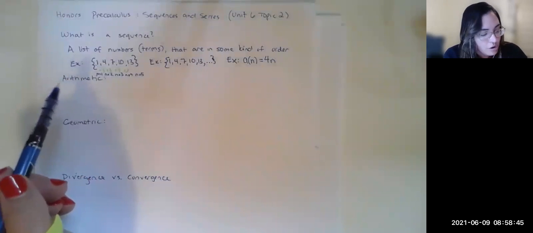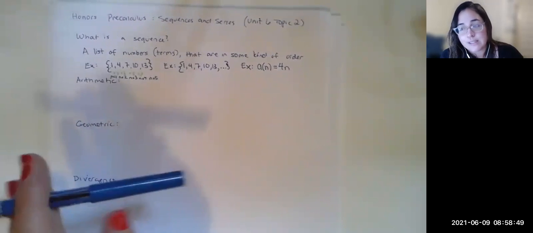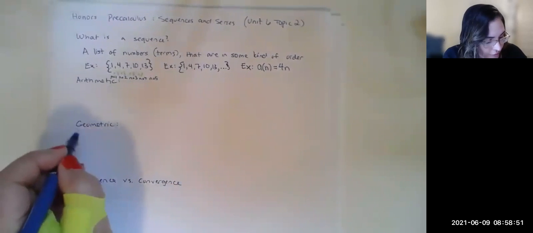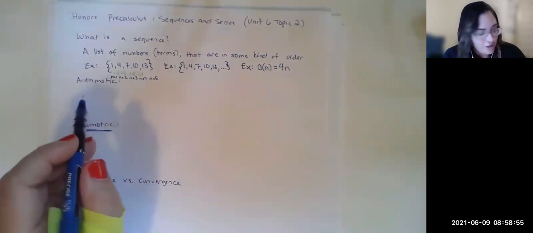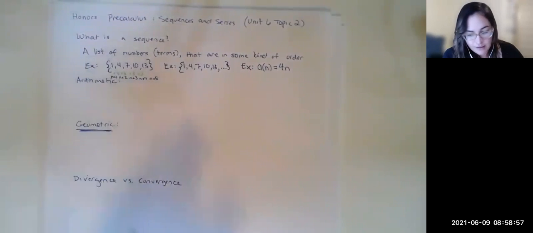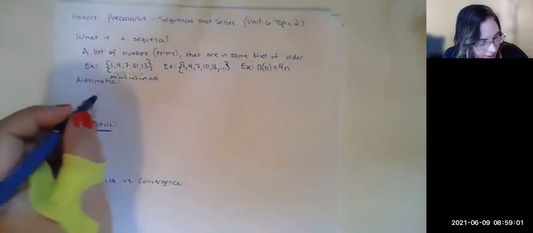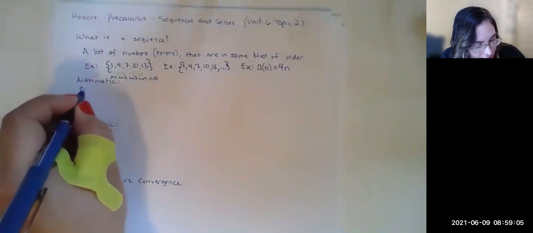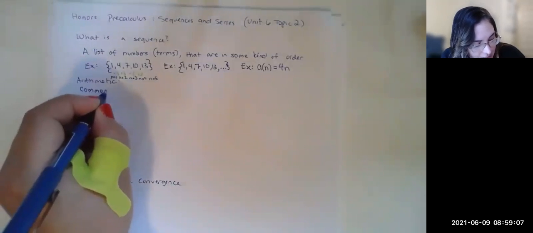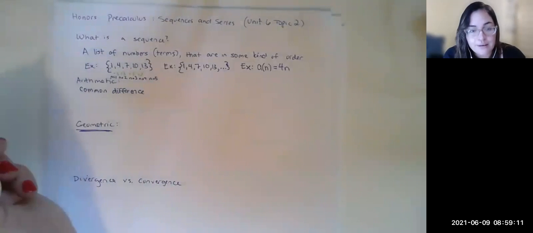In this unit, we're really going to be focused on 2 types of sequences. One is arithmetic, and one is geometric. The definition of an arithmetic sequence is that there is a common difference between the terms.